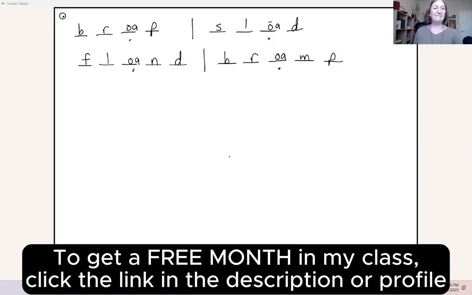If it's hard to hear if this is an M or an N, it's always going to be an M if it's before a P. Just a fun fact. I'm pretty sure that that's either an always or an almost always rule. It's at least an almost always rule.